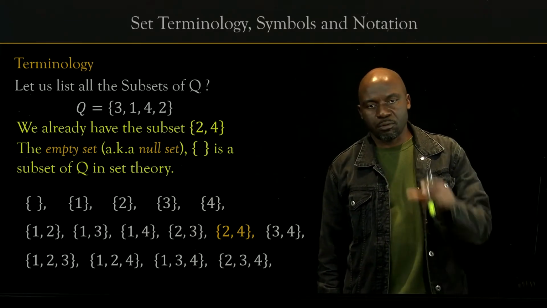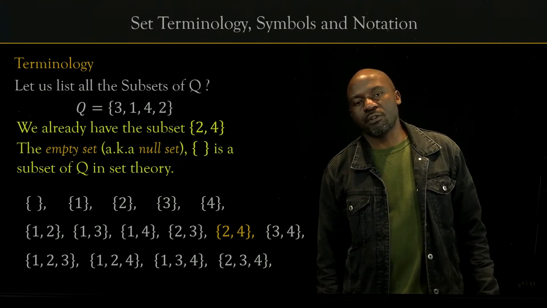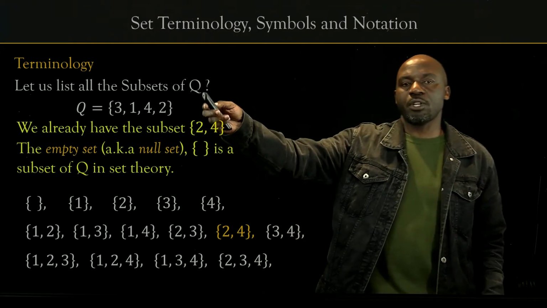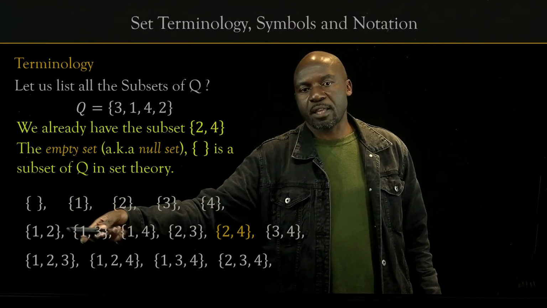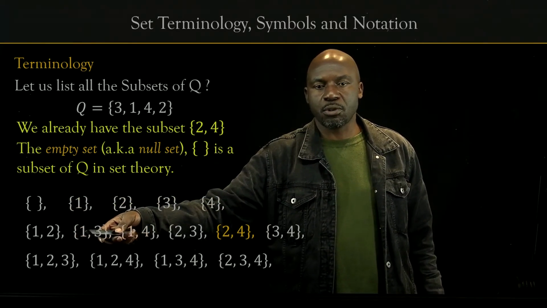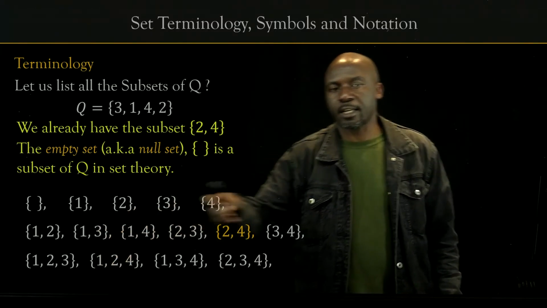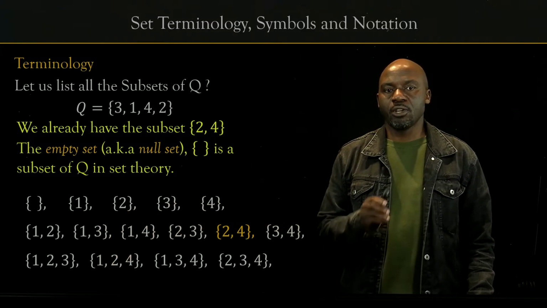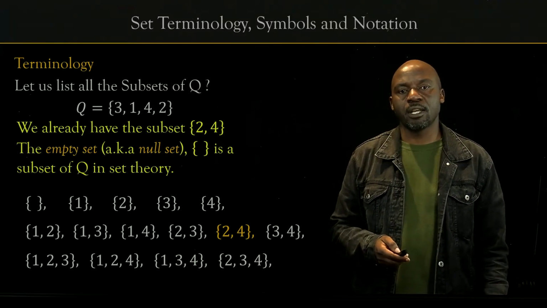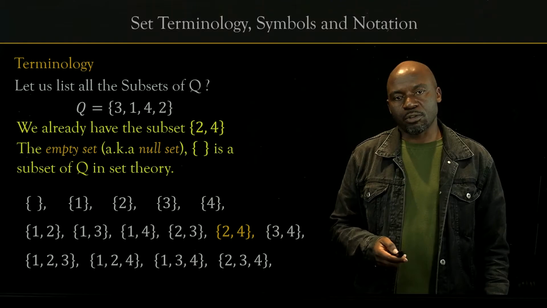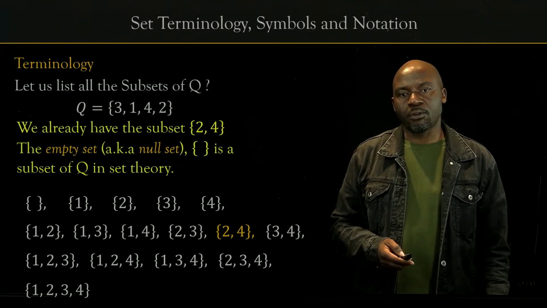Please learn how to draw out the subsets out of a given set. The best way to do it is to start with the singles like that, then put them in twos or in pairs, and then in threes like that. If you go in the correct order, you will be able to find all the possible subsets of a given set. And of course there is a subset that contains all the elements.